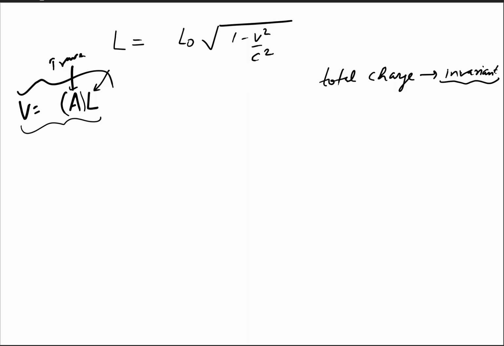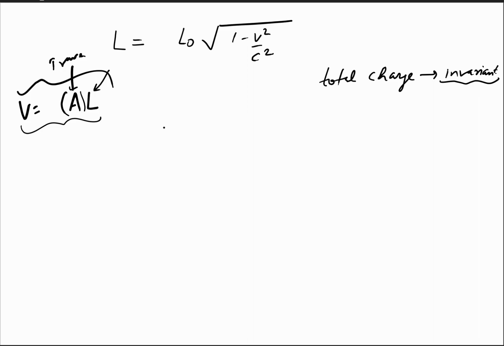But no physical practical experiments of heating any block making it charged are available. So it means that the total charge is invariant. So the total charge should be the same in both frame S as well as S dash.